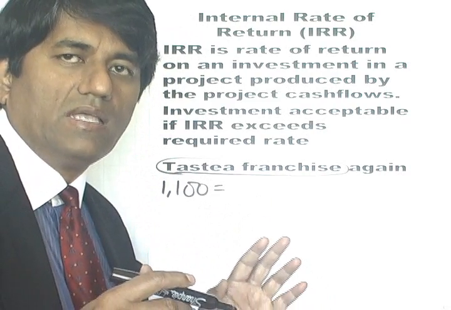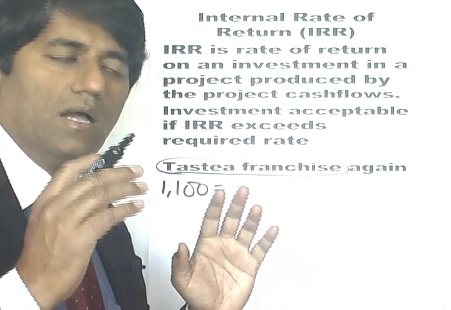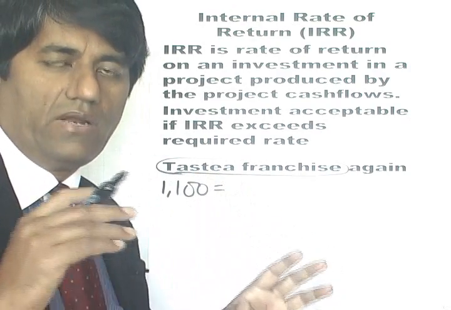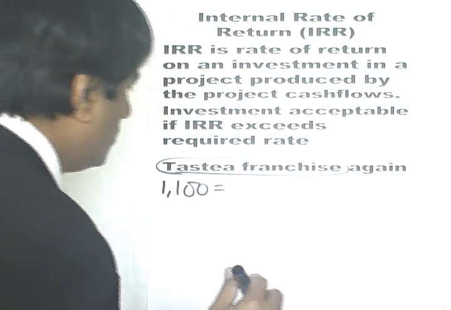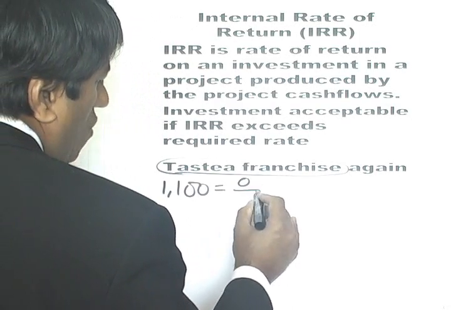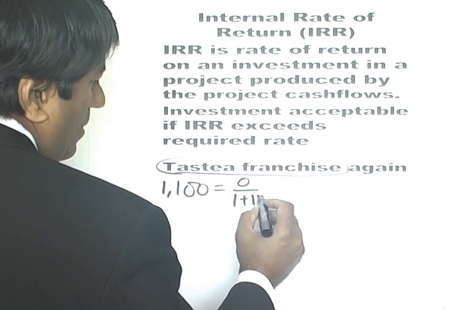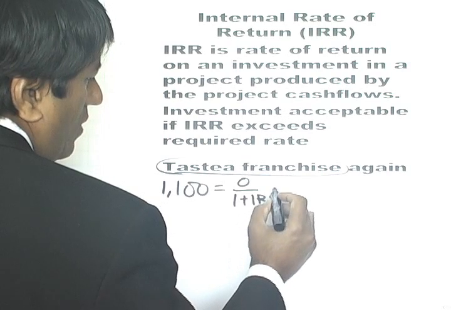Refer back to my discussion at the very beginning of the time value of money lectures, where I said how rate of return and rate of discount are the same thing. So the cash flow for the first year was 0, which you discount for one period.